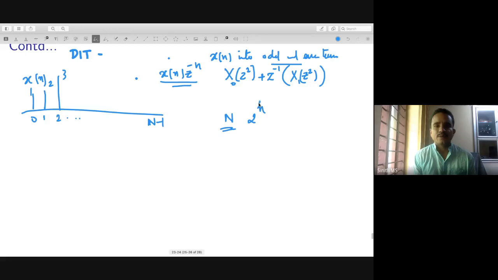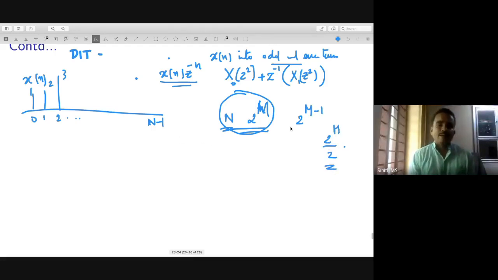So you can split N into 2 equal numbers of 2 raised to m minus 1, or N by 2, since this is a multiple of 2. So let us divide this into two terms, in the middle: up to N by 2 minus 1, and from N by 2 to N minus 1. So this will be the two subdivisions. This will form one group and this will form another group.